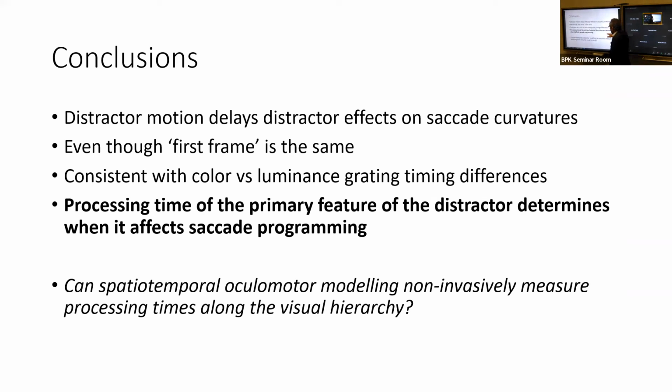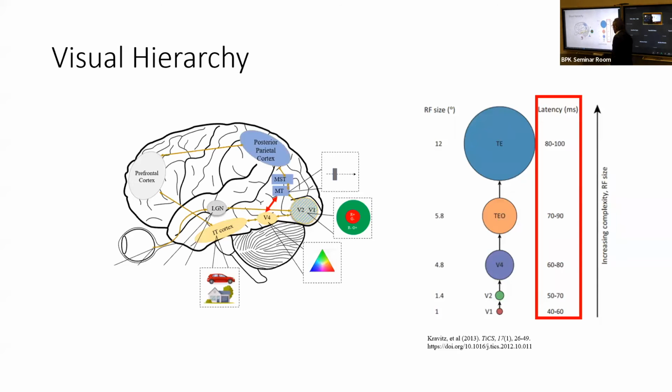So with this as a theory, we need to test this. Can we show through this modeling that we can find latency times across all the areas in the ventral stream? Well, I've shown you oriented gratings, color gratings, and complex objects, and that's what we're going to do.